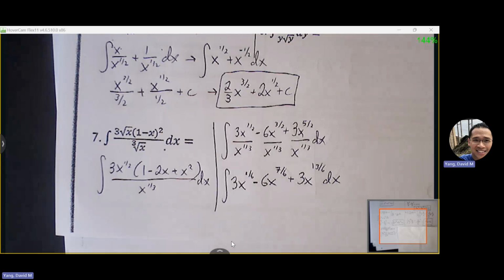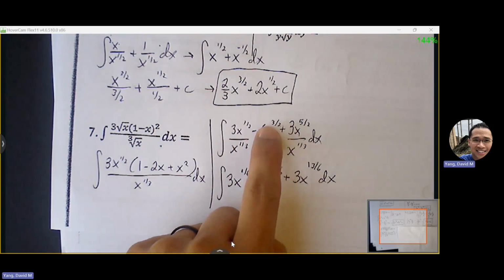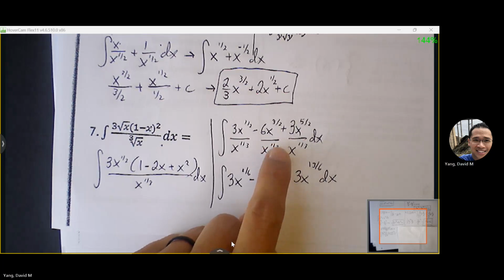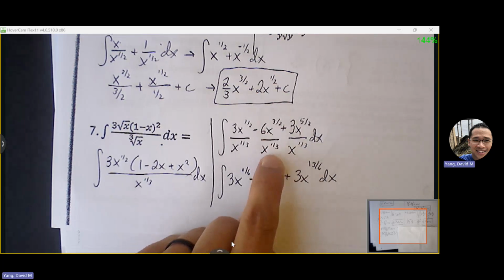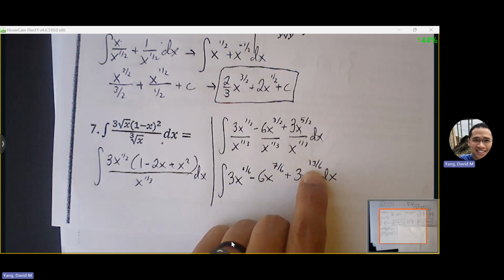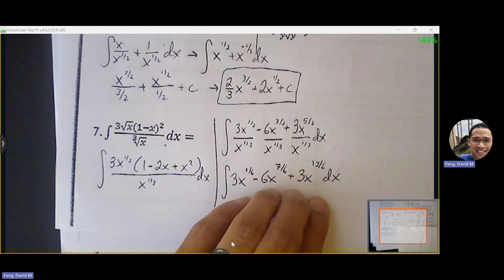So I've got to do common denominators here. 1/2 minus 1/3 is the same thing as 3/6 minus 2/6. 3/2 minus 1/3 is the same thing as 9/6 minus 2/6, which is 7/6. 5/2 minus 1/3 is the same thing as 15/6 minus 2/6, which is 13/6. Okay, we haven't done any calculus yet. We've just gotten our problem up to the starting line.